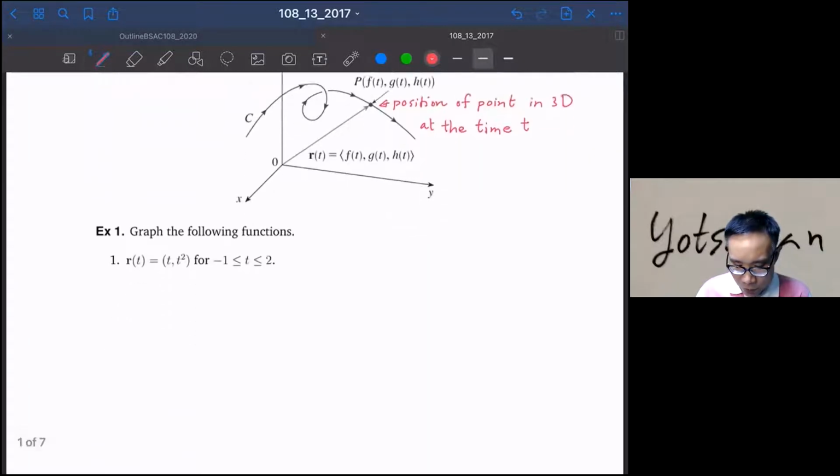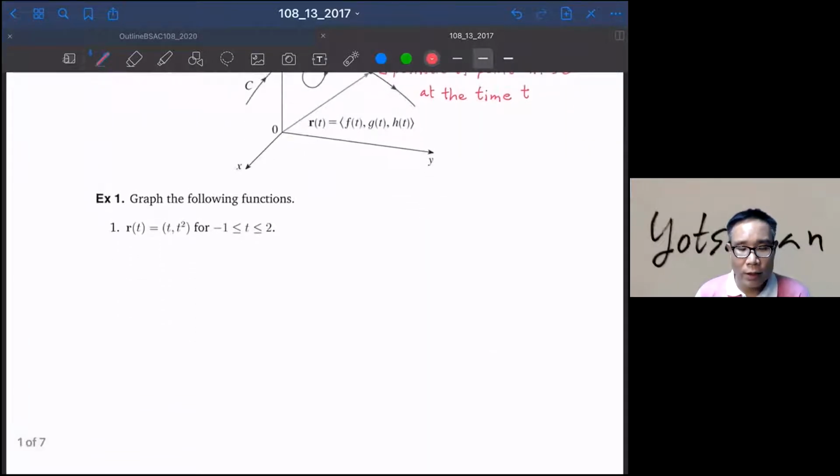For example, say r(t) equals t, t squared. You see that this one has only two components, so it's going to be t and t squared. And if you'd like to plot this function, you can compute r at -1.